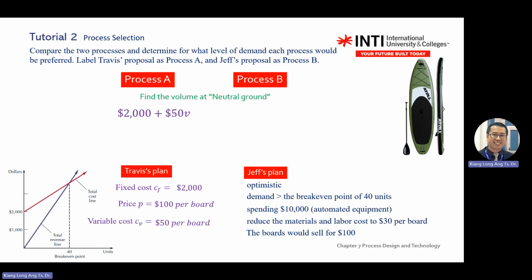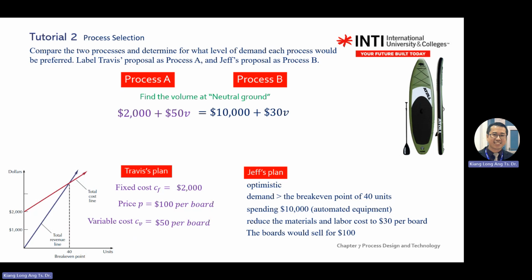The total cost is fixed cost plus variable cost. What about B? B will be 10,000 plus 30V. Understand? For process B, how do you write the total cost equation? 10,000 plus 30V.